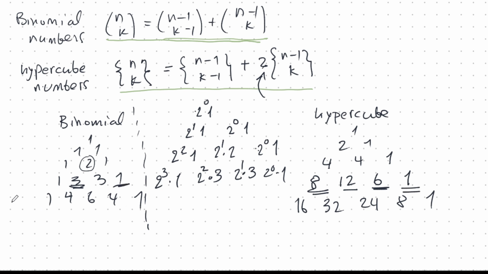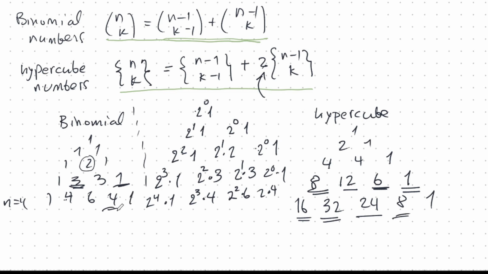Okay, let's see, does it work for dimension 4? I have to move things around a bit, hang on. 2 power 4 times 1, that's 16. 2 power 3 times 4, that's 8 times 4, that's 32, I got it. 2 power 2 times 6, that's 4 times 6, that's 24, yes. 2 times 4, that's 8, we got it.